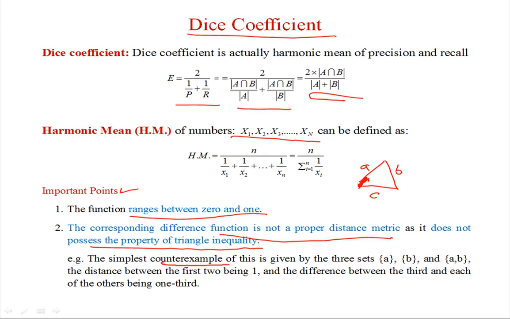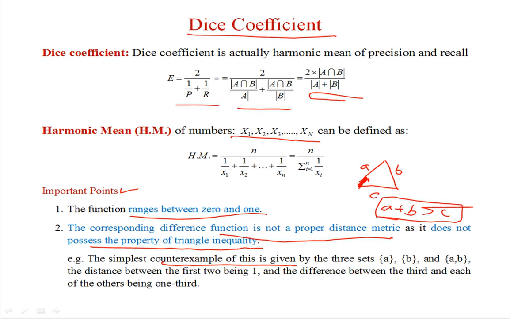Triangular inequality means the sum of two sides will always be greater than the third side, and so on. It doesn't satisfy this property.